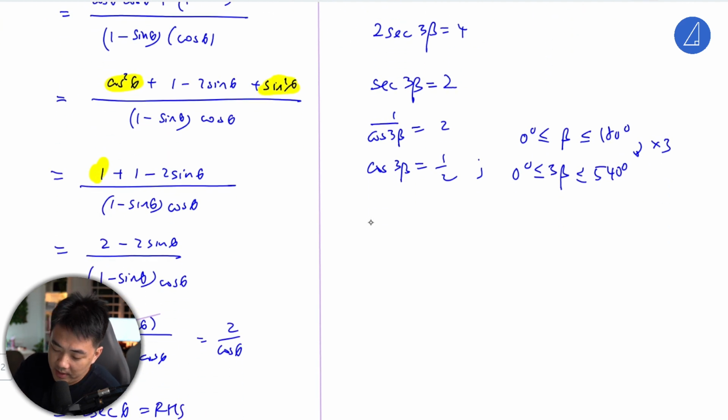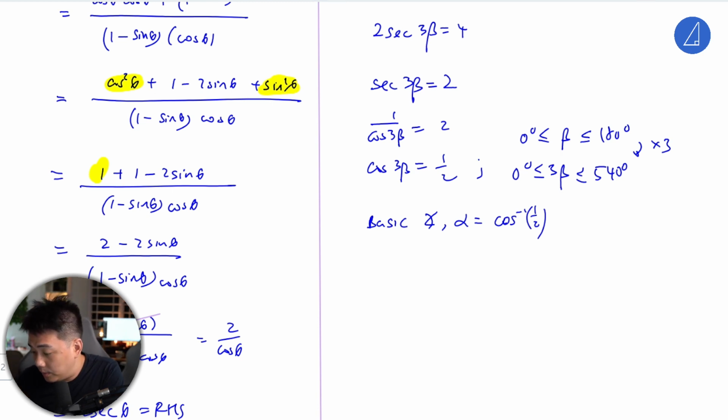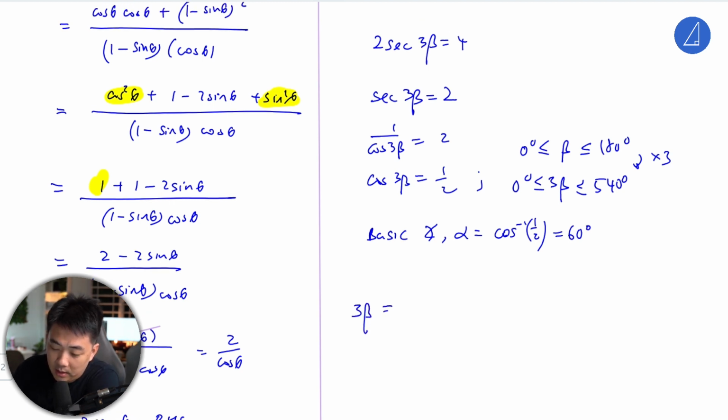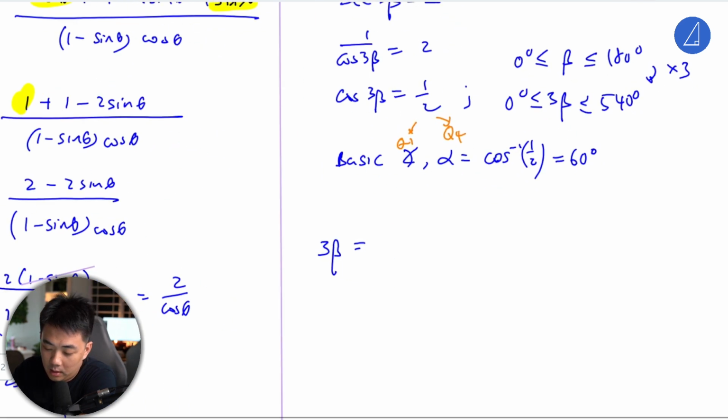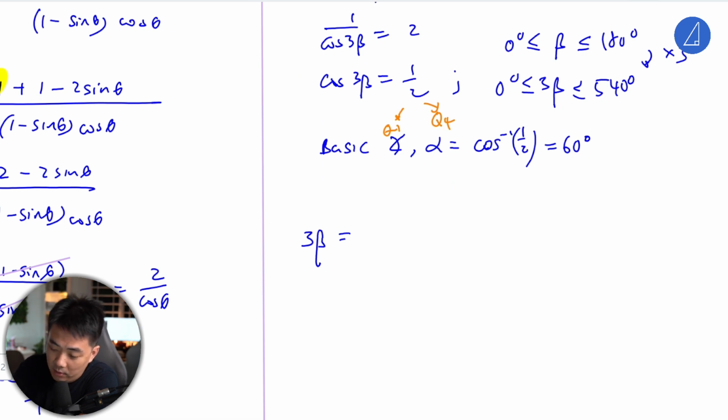Always start with the basic angle: alpha is cosine inverse of a half, a special angle, which is 60 degrees. Cosine is positive in Q1 and Q4, so write down all the possible angles.